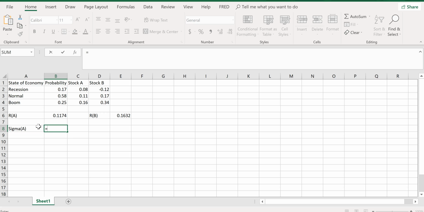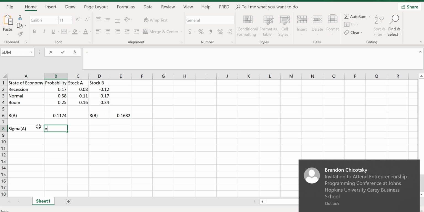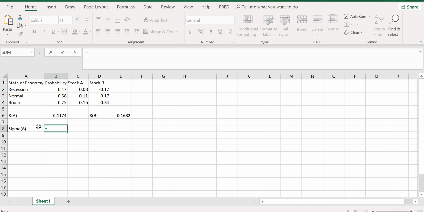And the standard deviation, actually the definition is similar. It's also a weighted average, but the weight here is also the probability under each economy state. But we will need to multiply the probability by different numbers. Here it's the weighted average of what we call the squared deviation of each return from the expected rate of return.